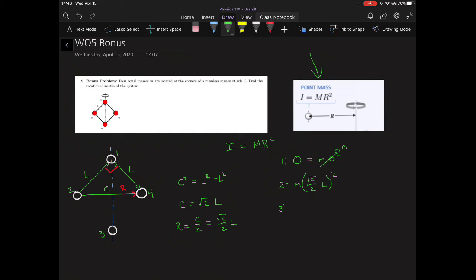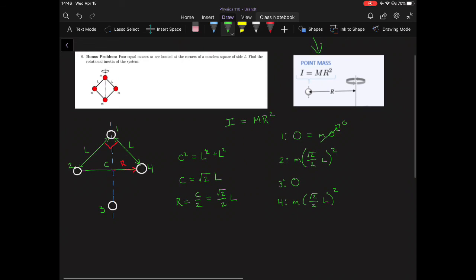For mass 3, just like mass 1, we are 0 distance away from our rotational axis, so we have 0 contribution from 3. And mass 4 is identical to mass 2, so that's m times square root of 2 over 2 L all squared. So if we want to know the total I, we're going to have to add all of those up.